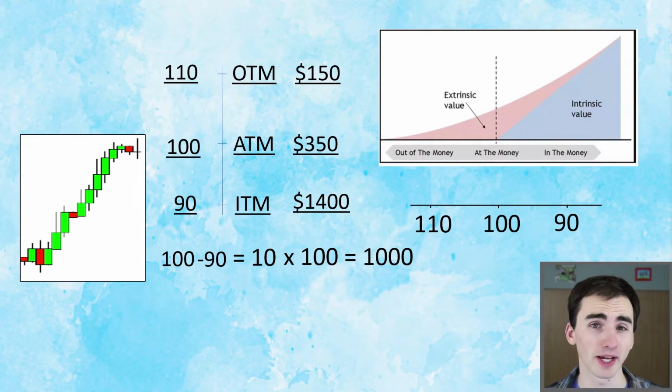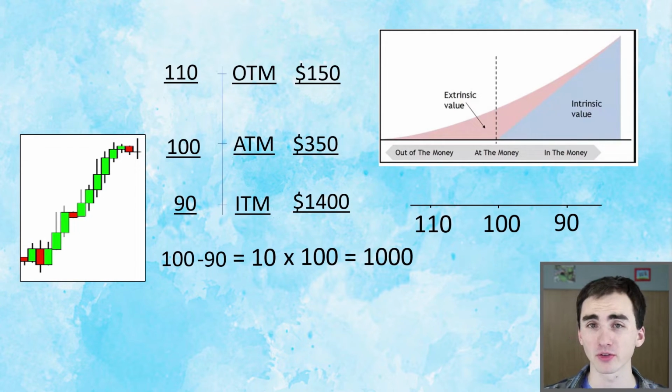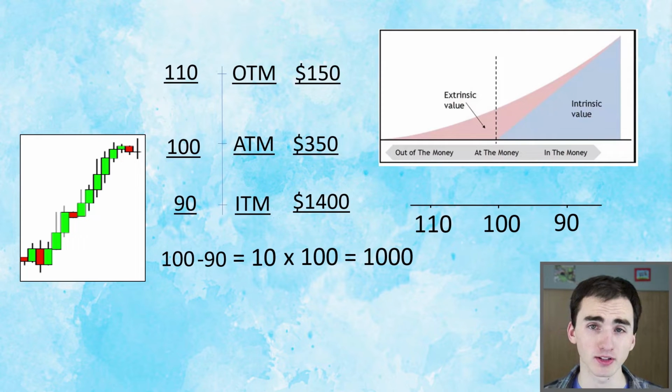And also as something goes out of the money more and more, the extrinsic value goes down as well. Now the at the money options have the highest extrinsic value because they have the highest chance of going from no intrinsic value to gaining intrinsic value. And that's really what makes options profitable, when they begin to gain intrinsic value and essentially real value.